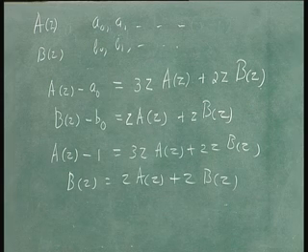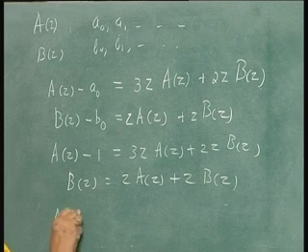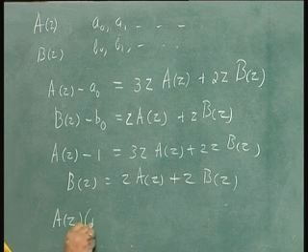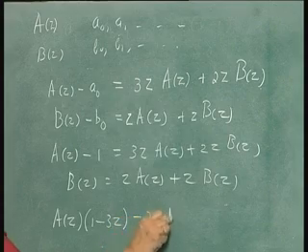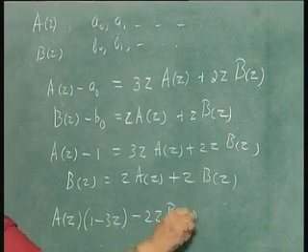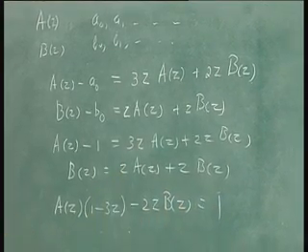Writing it as simultaneous equations, you get A(z) into 1 minus 3z minus 2z B(z) equal to 1. The first equation becomes like this.